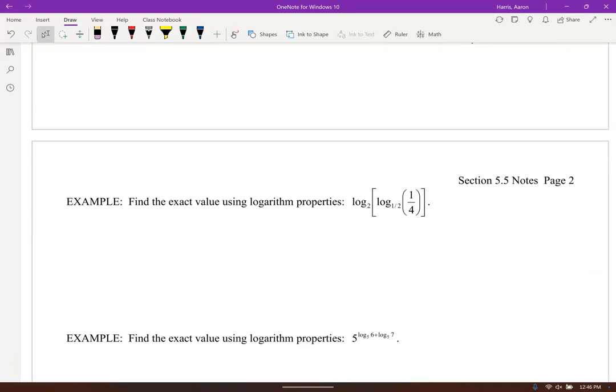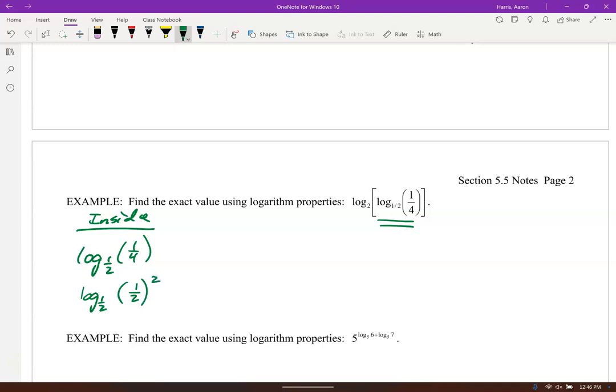So this one, what I'm going to do is take the inside for a minute. Let me just work with the inside. This log base a half of 1/4. Now, if you think about 1/4, isn't that the same as 1/2 squared? So log base a half of a half to the 2 is just 2, right?